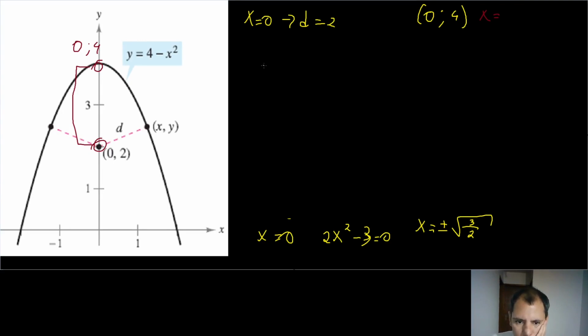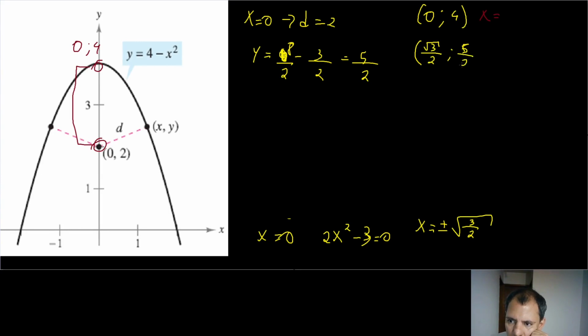Well, y equals 4 minus x squared, so it's going to be 4 minus 3 divided by 2. You can just put a 2 here and replace this with an 8. So it's going to be 5 divided by 2. So you have another point, where x is square root of 3 divided by 2 and y is 5 divided by 2.